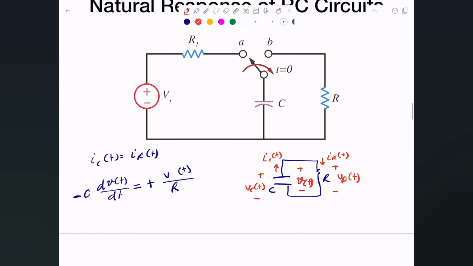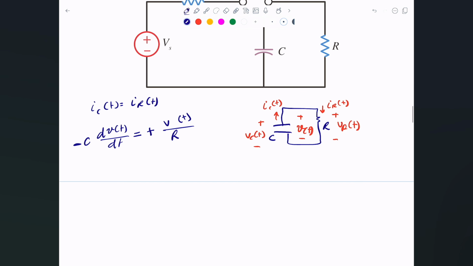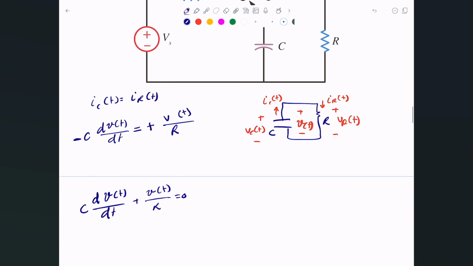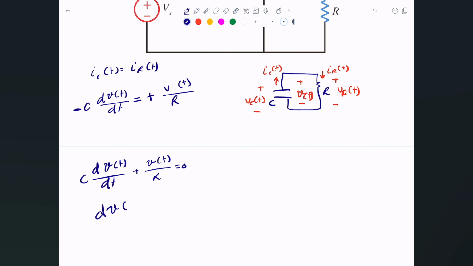Now I'm going to do a little bit of algebra to rearrange the terms, and what I'll end up with is the following: dV of t divided by dt, and if we move terms to the other side, that will be C, plus V of t divided by R equals 0. So dV of t divided by dt plus 1 over RC times V of t equals 0.